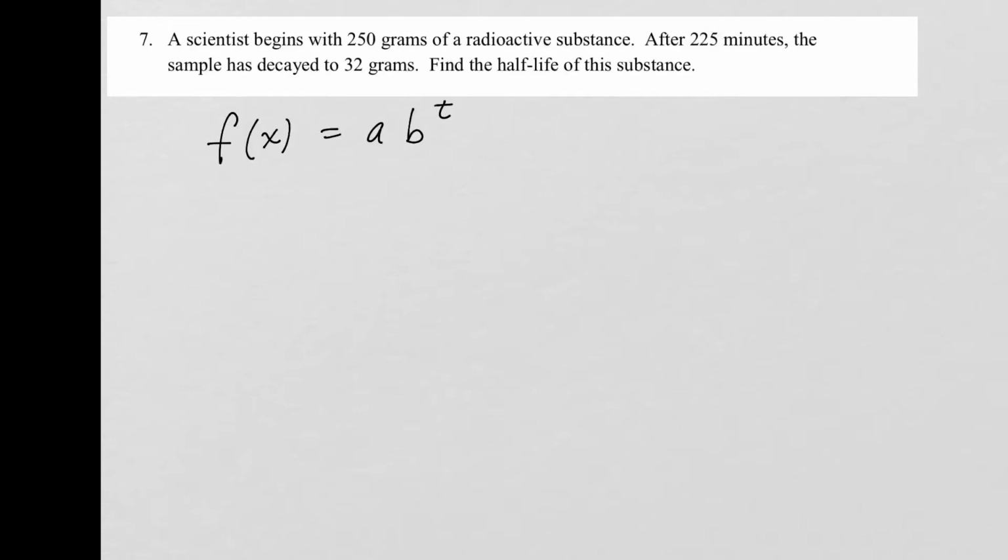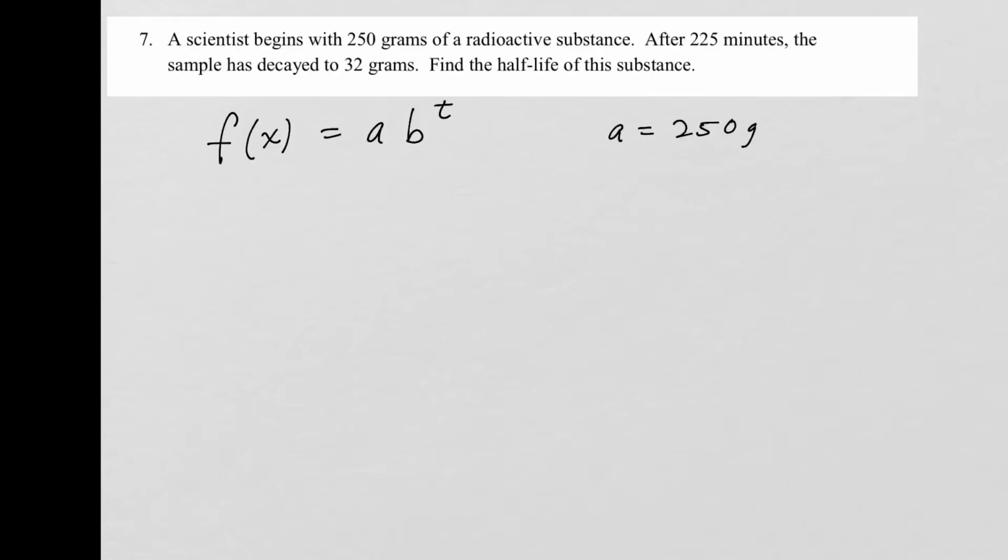So how do we find b? Well, what information are we given here? A scientist begins with 250 grams. That means when time is 0, you have 250 grams. So that means a must be equal to 250 grams. After 225 minutes, the sample has decayed to 32.